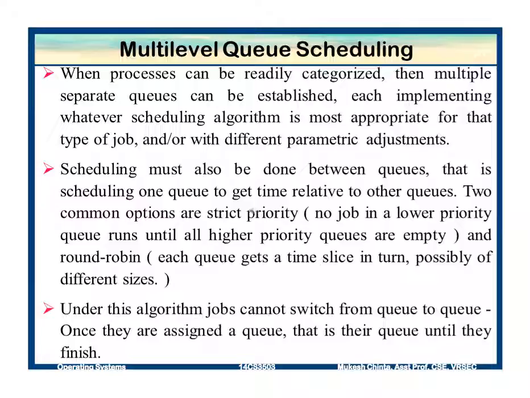Each queue follows a separate scheduling algorithm. The processes are classified into different groups such as system processes, interactive processes, interactive editing processes, batch processes, user processes, etc.